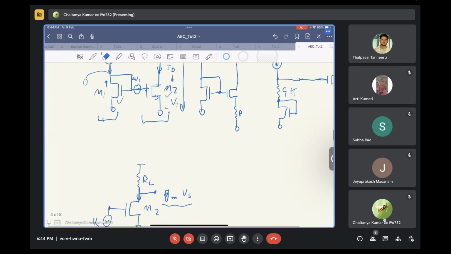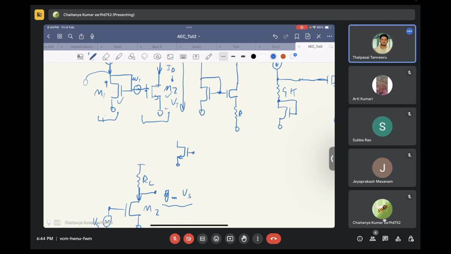Let's say this is a transistor M1 and it has threshold voltage of Vt. Let's take another transistor, this particular transistor which has threshold voltage of Vt.